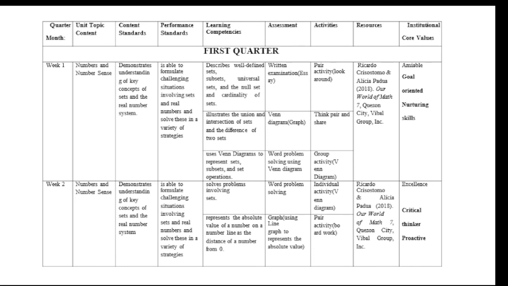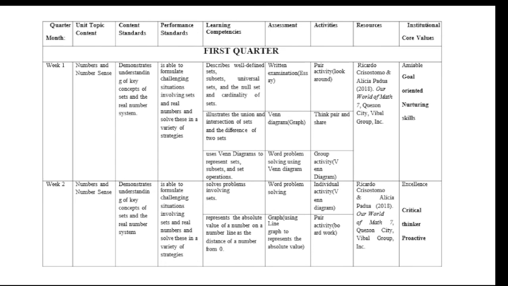This is quarterly, first quarter, second quarter. This is your guide, so that you will not be confused in making the lesson plan. You still need to make a lesson plan, daily log, and this curriculum map, the unit plan. This is really your guide.